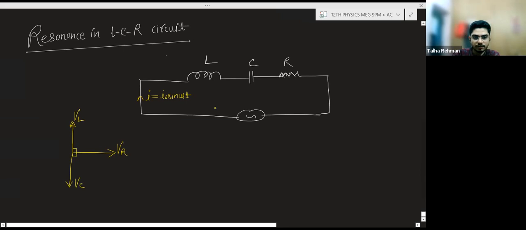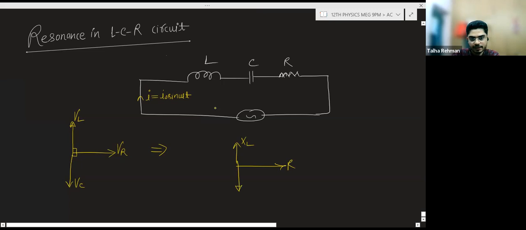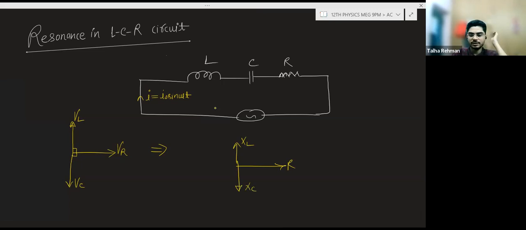And if I want to draw the impedance phasor diagram, then this will be resistance, this will be XL, and this will be XC.